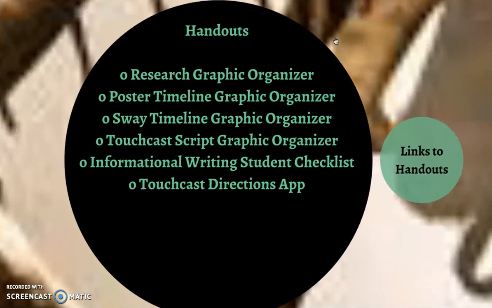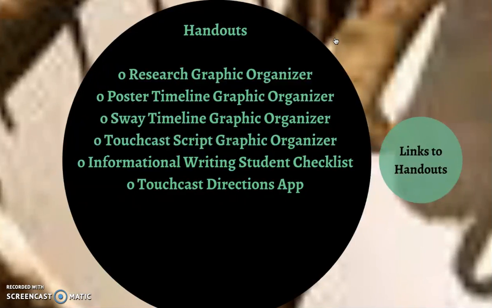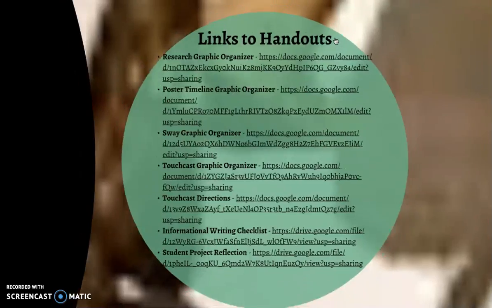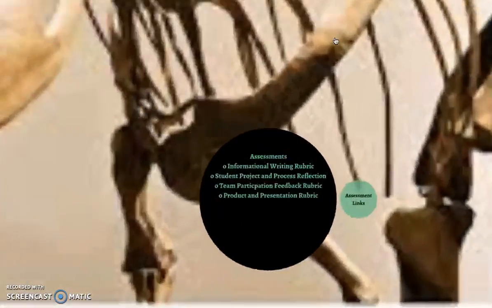There were several handouts, the graphic organizers for each type of product. There was an informational writing student checklist to help students cover all their bases with their informational writing piece, and TouchCast direction apps were given. These are the links to the handouts.